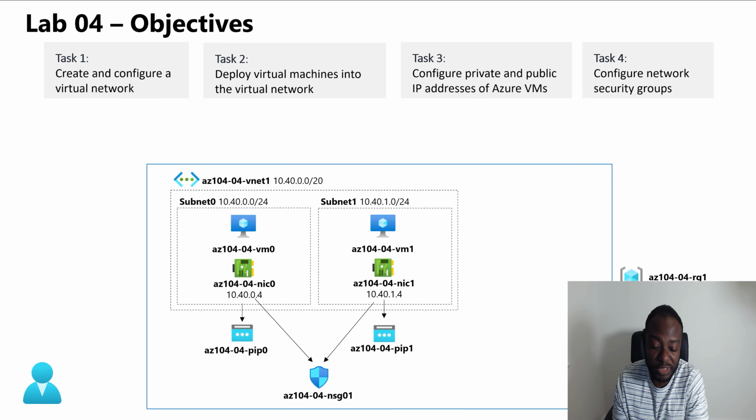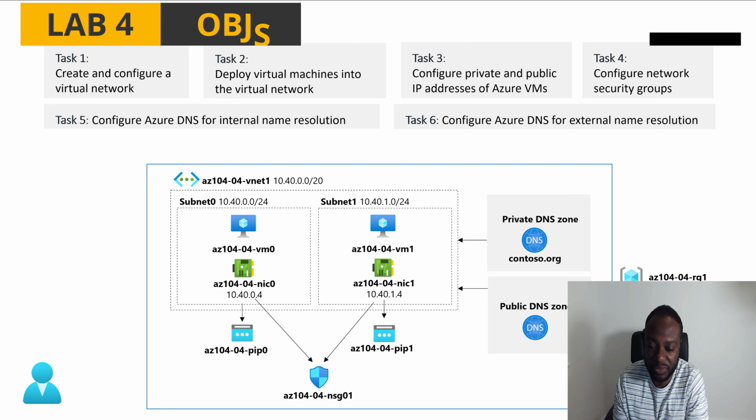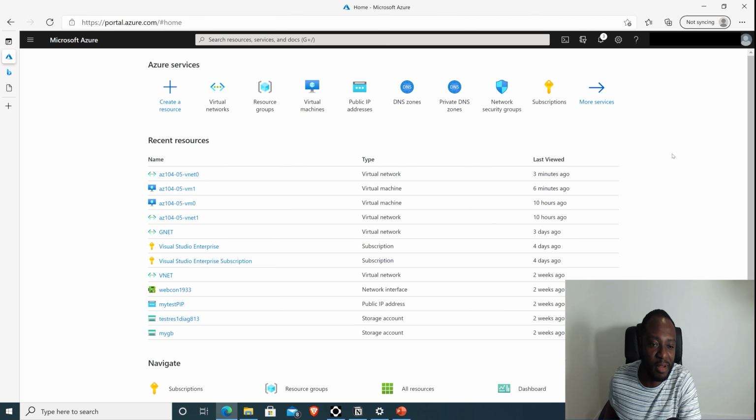Once you configure a network security group, we'll make another test which will demo that you'll be able to connect to these resources. Then we move to defining a DNS zone. Once we've done that, we'll move to task 6, which will configure Azure DNS for external name resolution. That will be it for the labs. Okay, let's begin our lab.